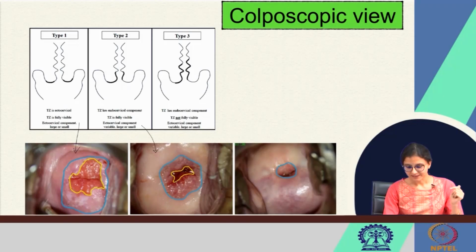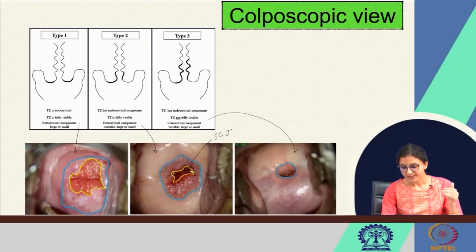Here the yellow line is the new squamocolumnar junction, and it has gone inside the endocervix. So, a part of the transformation zone cannot be visualized fully. It can be visualized only with application of an endocervical speculum. That kind of transformation zone is known as type 2 transformation zone, and in type 3 transformation zone, the new squamocolumnar junction has gone inside.